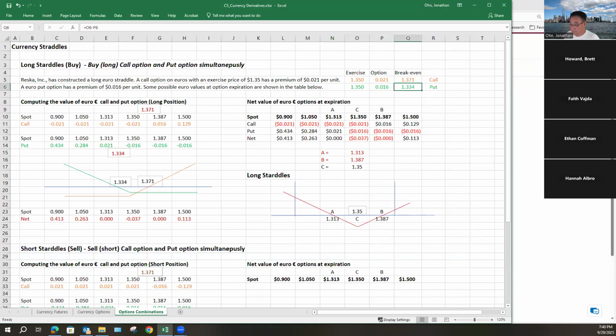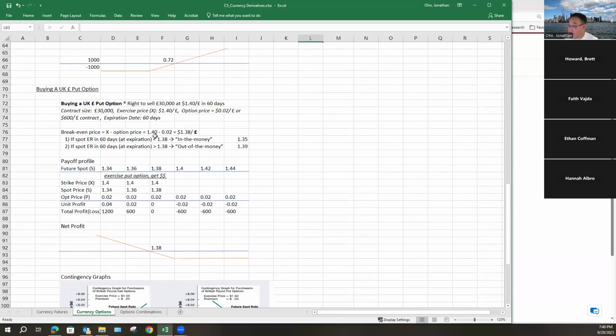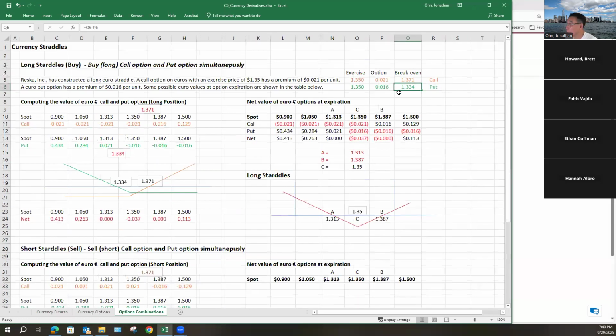Remember that? We calculated the break-even point here. We got 1.334, so for the possible future spot rates, 1.334 is located in between here.